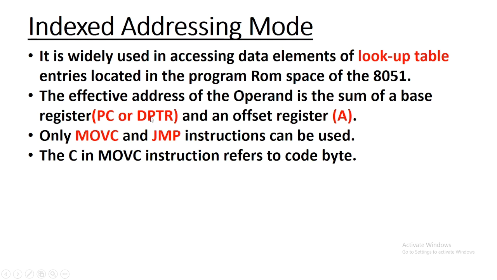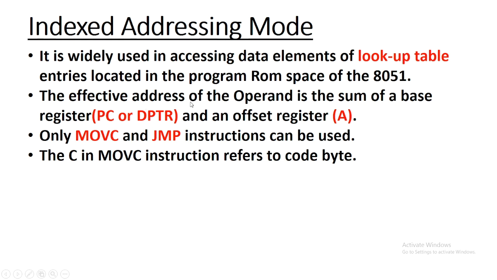The next addressing mode is the index addressing mode, and this is used for accessing data elements of a lookup table. Lookup tables are entries located in the program ROM space of the 8051, which could be external or internal.